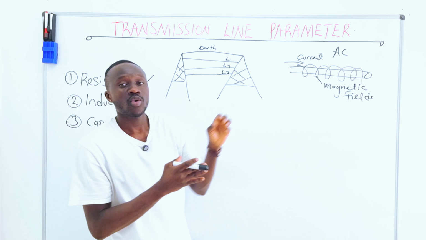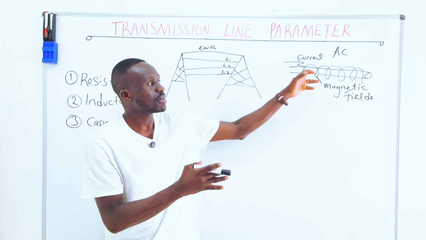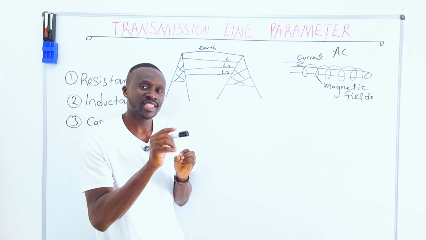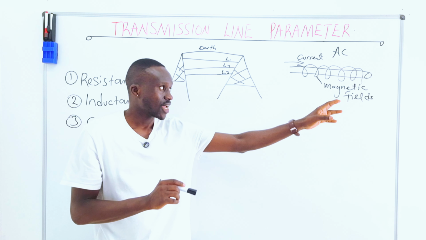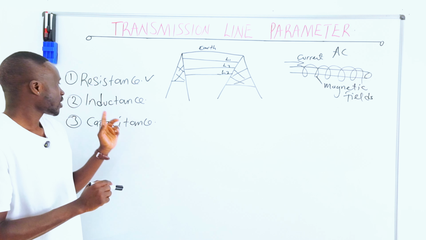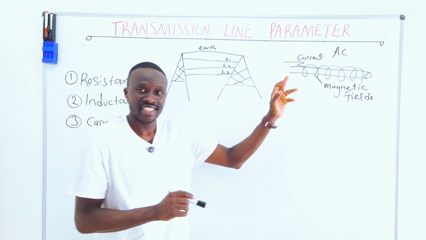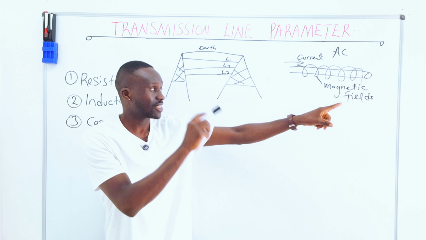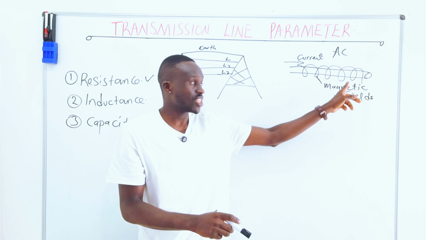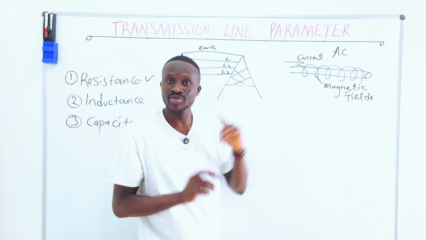This changing magnetic field will create what we call an induced current. When it is changed by this magnetic field, this magnetic field can create electricity.